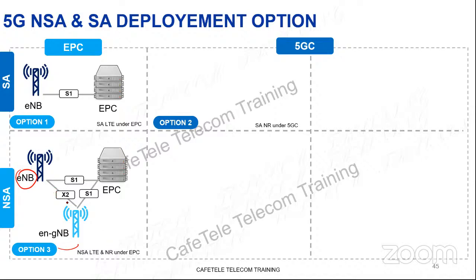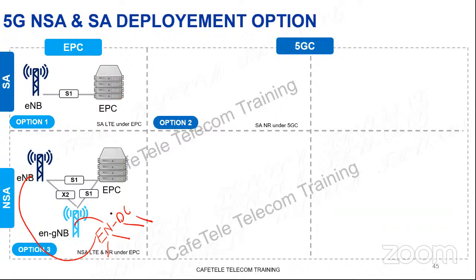But always remember, in non-standalone, whoever is the master will always provide the control plane connectivity towards the core network, and that also provides to the RAN side, and that will act as the master. So option 3 we call ENDC, that is called E-UTRAN New Radio dual connectivity. So E-UTRAN is this one, new radio is this one, and dual connectivity.